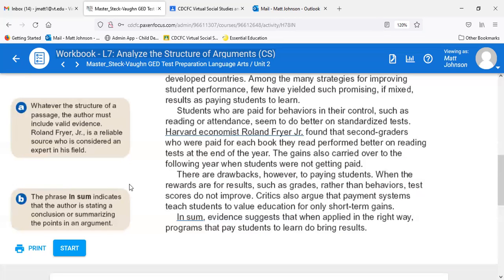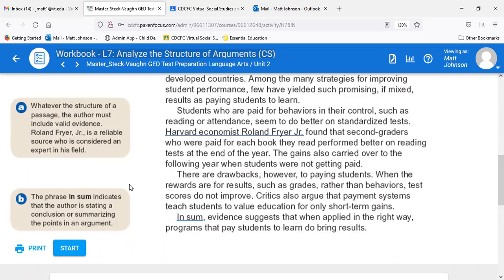And then finally, I always talk about words to look for, signal words. The phrase "in sum" indicates that the author is stating a conclusion or summarizing the points in an argument. So if you see something like that, "in sum," your brain should say, okay, we're wrapping it up here. We have a conclusion. They may say "in conclusion."